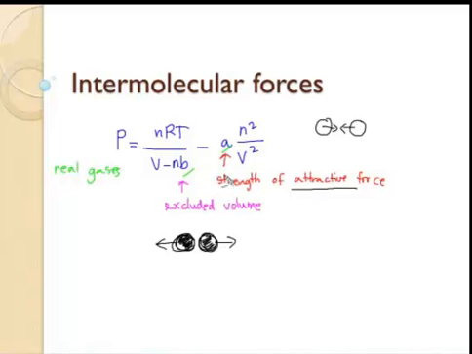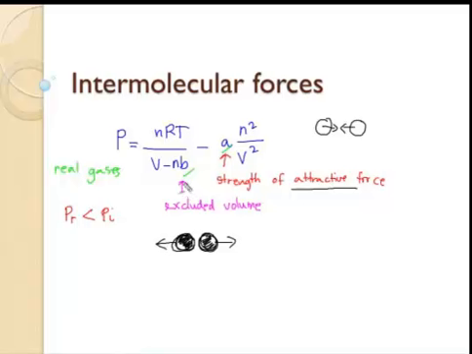All right. So how do these two constants affect the pressure of real gases? As a increases, the pressure that we predict using the real gas equation is smaller than the pressure we would get if we used the ideal gas law, because there is a minus sign here. So as this becomes big, the pressure is smaller than the predicted ideal gas pressure.